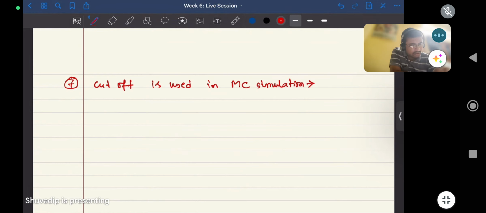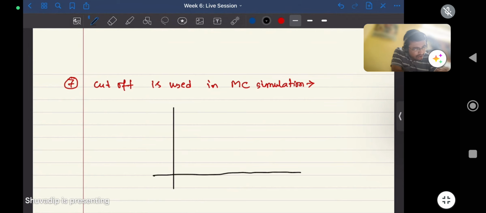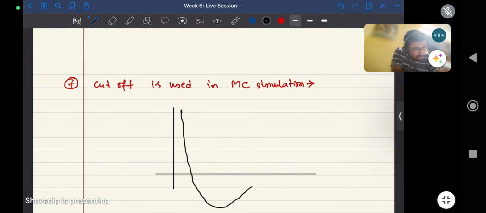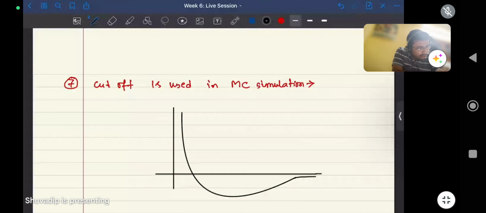So suppose let us discuss about Lennard-Jones kind of potential, which is let's say Lennard-Jones 6-12 kind of potential. Let me draw clearly. Lennard-Jones 6-12 will be, there will be repulsive part and there will be attractive part, like this. Correct. So the form of the potential is like V of r is 1 by r to the power 12 minus 1 by r to the power 6.